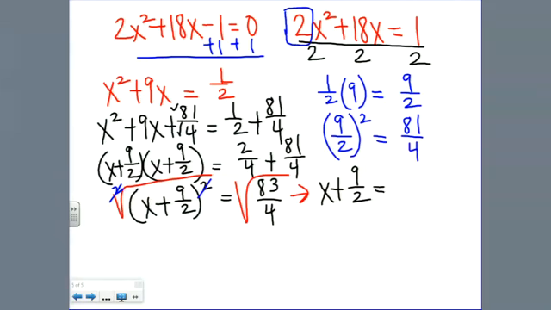And don't forget, when you take the square root of any number, whether it's positive or negative, you must have a plus minus in front of it. Now, the square root of 83 we can't do anything with, but we know the square root of 4 is 2.